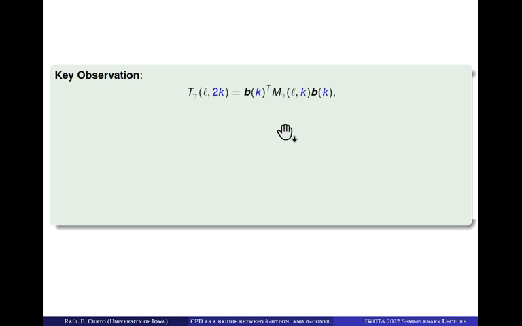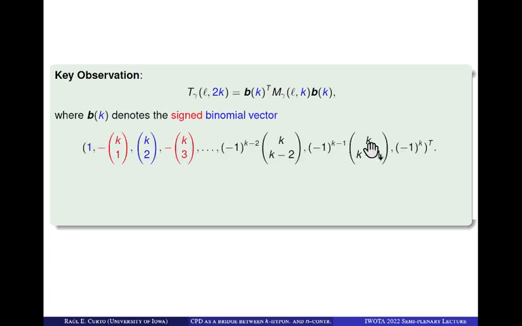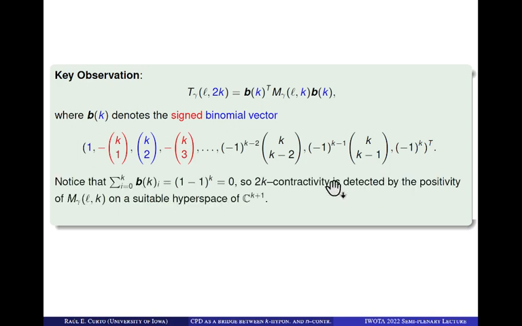So here is a key observation. If you take the moment matrix gamma L, 2K to represent this as B_K transpose, where B_K is the signed binomial vector. So it's not just the binomial vector, but with alternating signs, negative, plus, and so forth. And then notice that the sum of the entries of B_K is equal to 0.